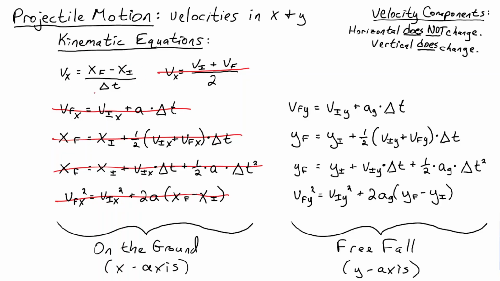And for the y components, we're going to be using all of these. Okay, so I'm just going to do a little numbering here, and I will pull these all together on a different slide.